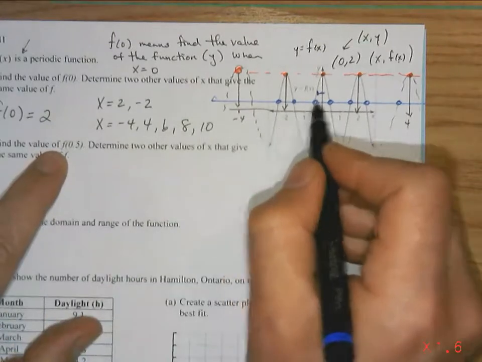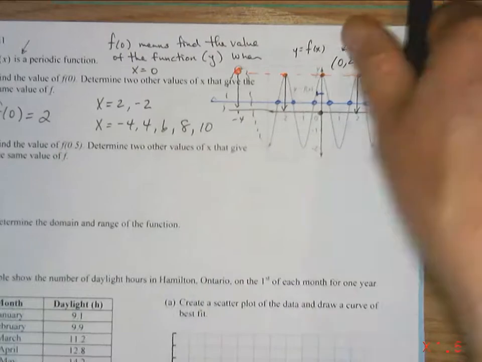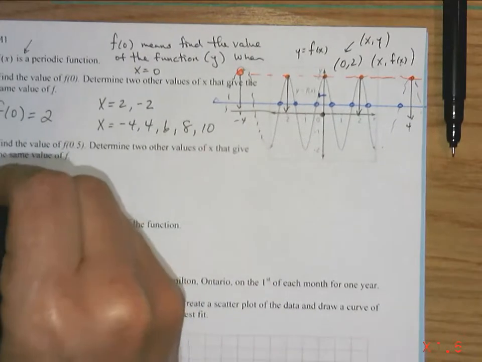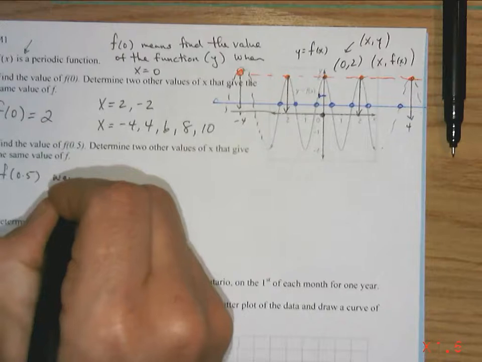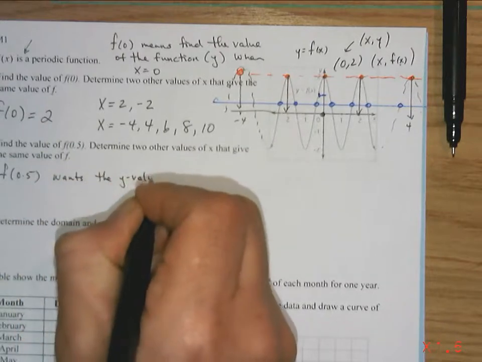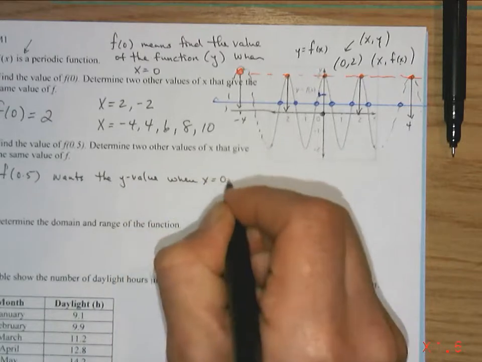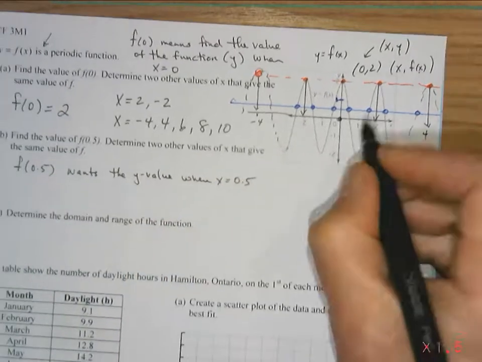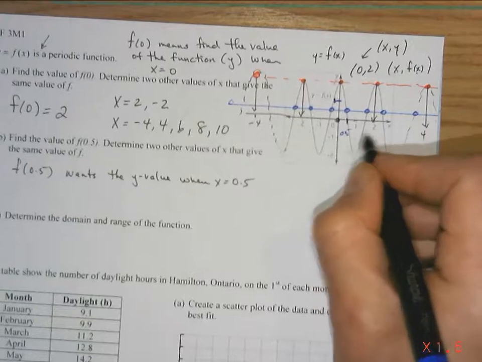These are all the values where f of x equals 0.5. That's not what this says. My mistake. What this says is f of 0.5. So it wants the y value when x equals 0.5. So sorry. I need to go out to x equals 0.5, which is right here.